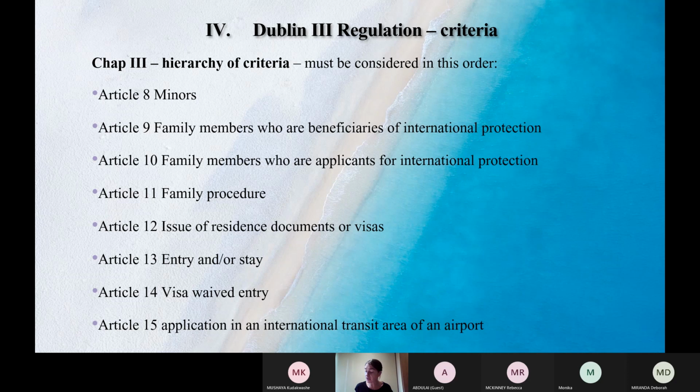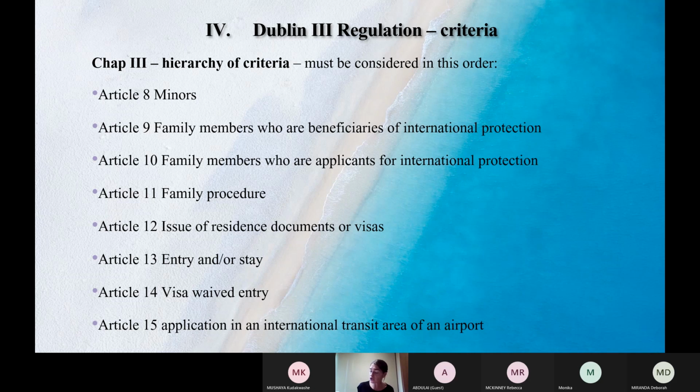This criterion only applies for such time as the applicant remains in the territory of the EU. So if they have been issued a visa or a residence document and then leave the EU, this criterion no longer applies. It's no longer relevant.